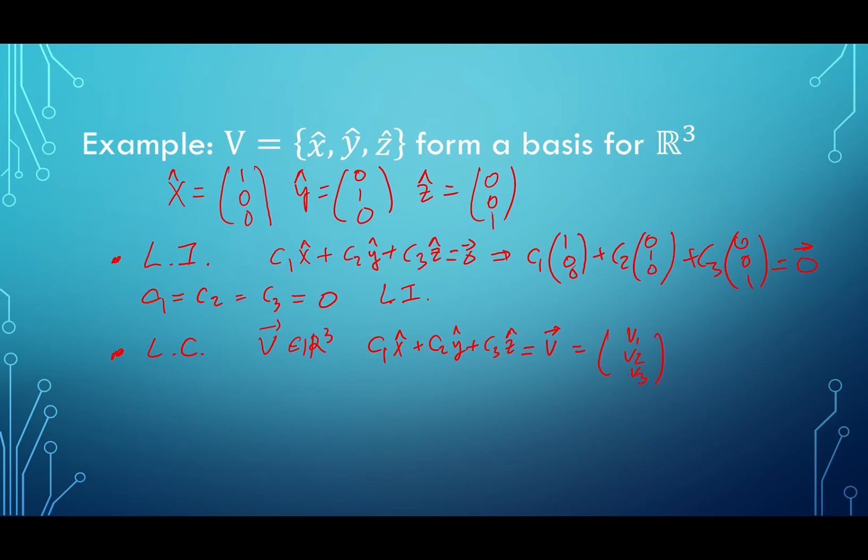Obviously we get c1 equals v1, c2 equals v2, and c3 equals v3.